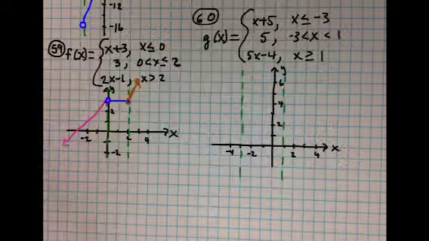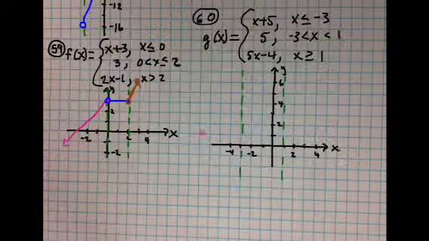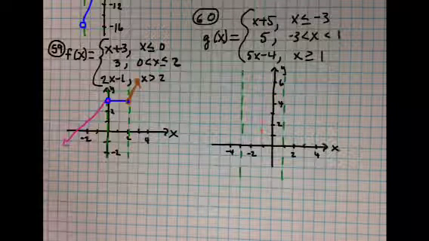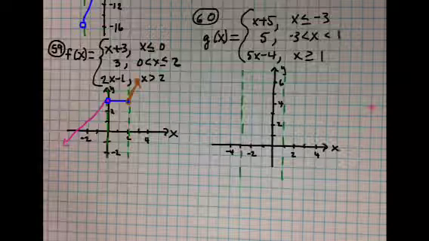Okay, so for x plus 5, this piece of the function up here, I'm going to be graphing that on this side, because that's where x is less than or equal to -3. The line y equals 5 is going to be graphed in this middle section. And then 5x minus 4 is going to be over here on the right side.